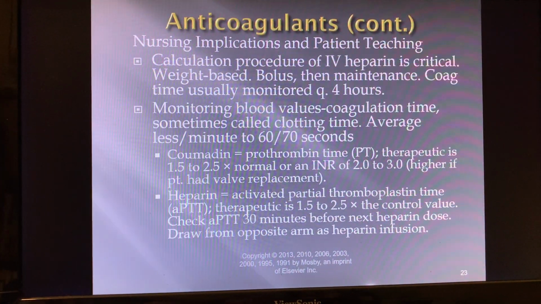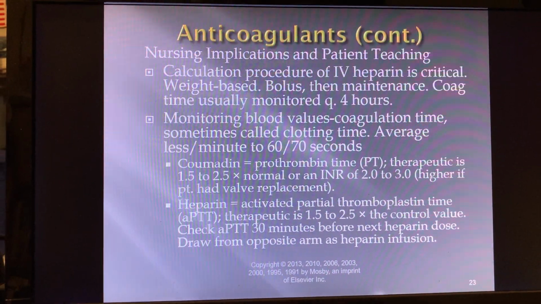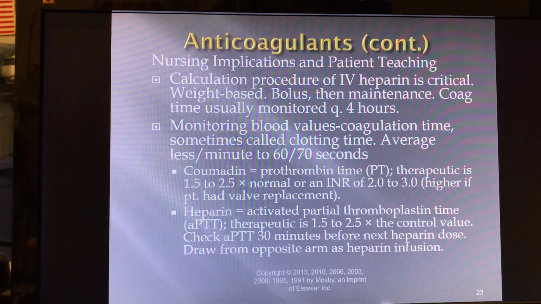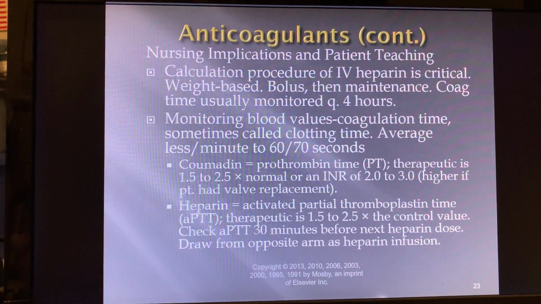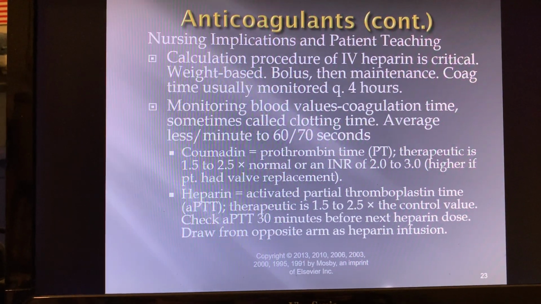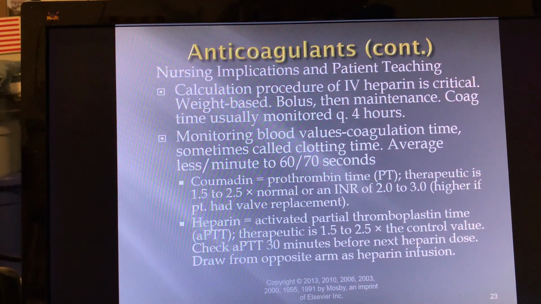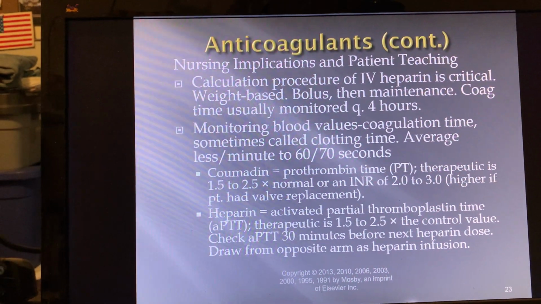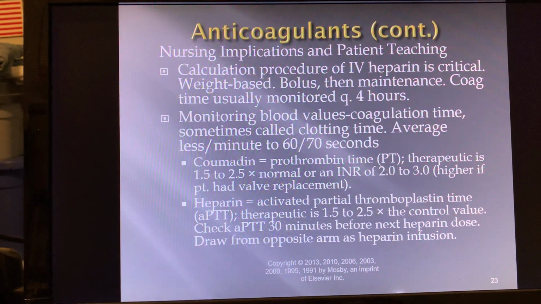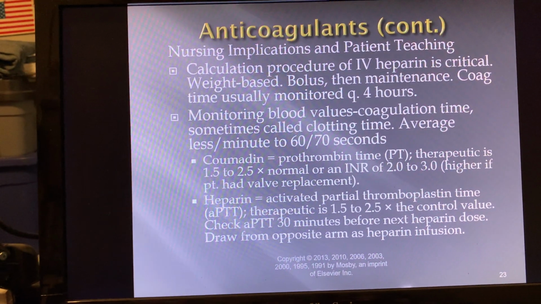So what you do is you have to figure it out by weight. According to weight, you're going to give a bolus and then put it on maintenance. So you would figure out the person's weight in kilograms, and then you would give a bolus dose, which is 80 units per kilogram, and then you would keep doing APTTs, and when it's therapeutic, you're going to then turn it down to maintenance, which is 18 units per kilogram, which you don't have to remember.